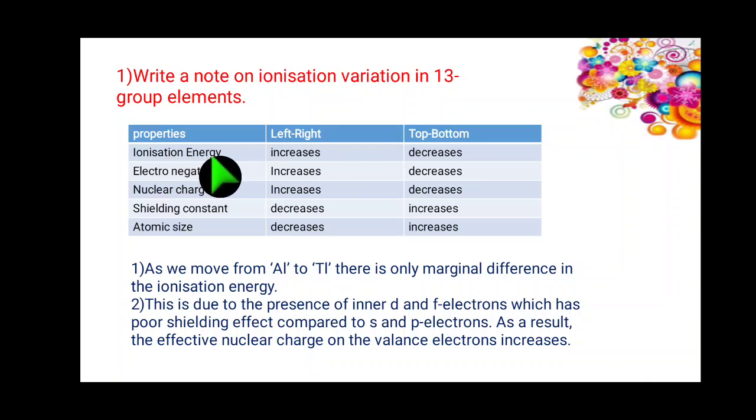Regarding the ionization energy, in the periodic table it increases from left to right and decreases from top to bottom. So set this point in your mind, right? Left to right ionization energy increases, top to bottom decreases.